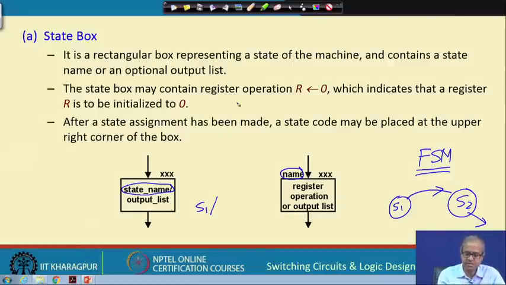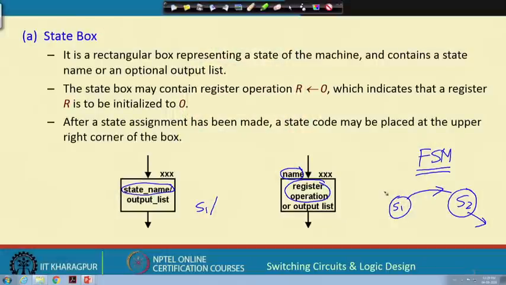And inside the state box you can also contain some register operations to initialize the values of registers. Like here you can have some register operations optionally, and each of these state boxes can have some state assignment. Like you see, when you specify a finite state machine, you only mention the states S1, S2, S3 and so on, but when you synthesize a machine, when you are in the process of implementing it in hardware, you also carry out some state assignment.